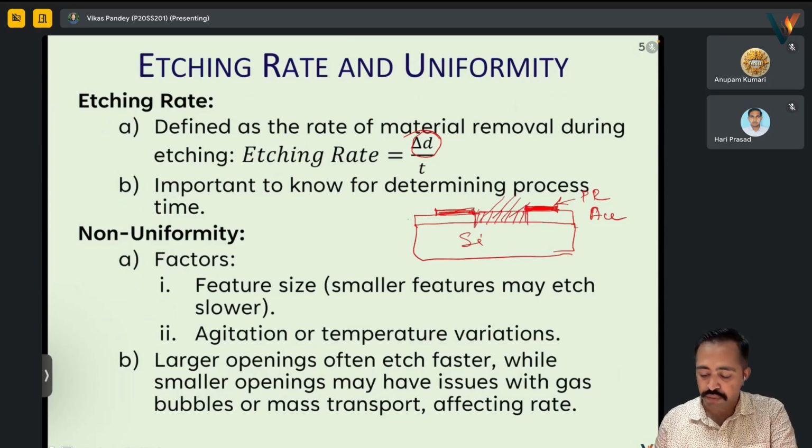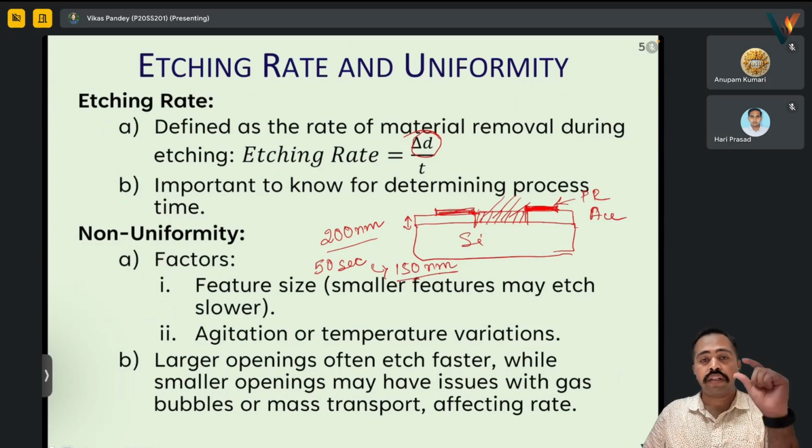So suppose the total thickness is, say, 200 nanometer, of which in 50 seconds I was able to remove, say, 150 nanometer.